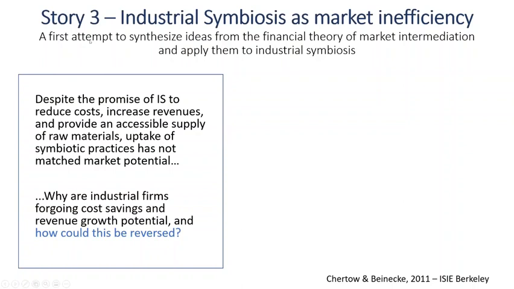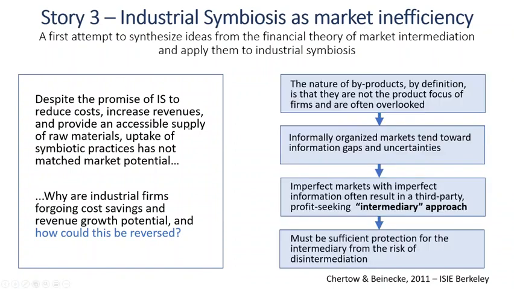You know, in this case, we wanted to try out some ideas we'd never used before to try to explain the inefficiency. And that is from financial theory and the theory of market intermediation, and how we can apply these, which seem very useful in many other domains, to industrial symbiosis. So here you see it, that we have to understand the product, and the product isn't a product. It's not a primary product, it's a byproduct by definition.